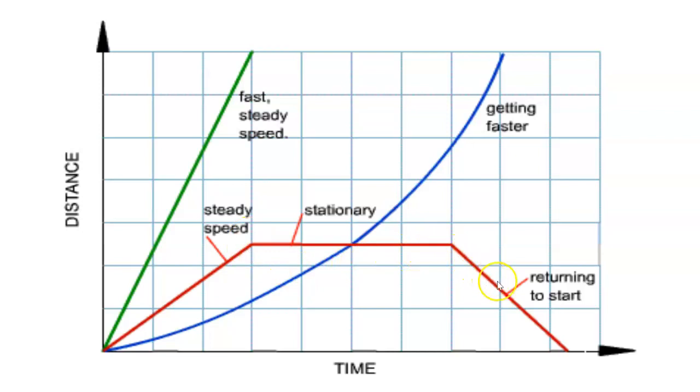Then this decrease is a returning to the start, back to wherever you originally started from. If you see this kind of curved line here, this is showing that the object is speeding up. This was a steady rate. A curved line would be showing that there is a change in the overall speed and that the speed of that object is increasing.